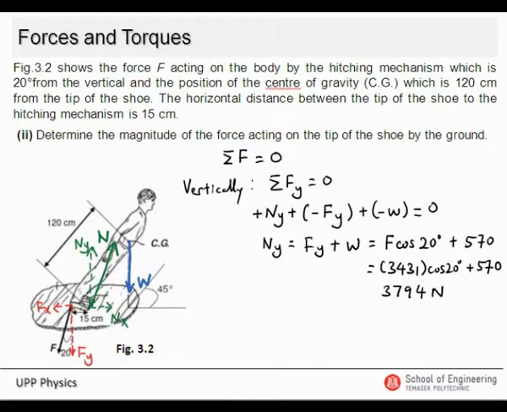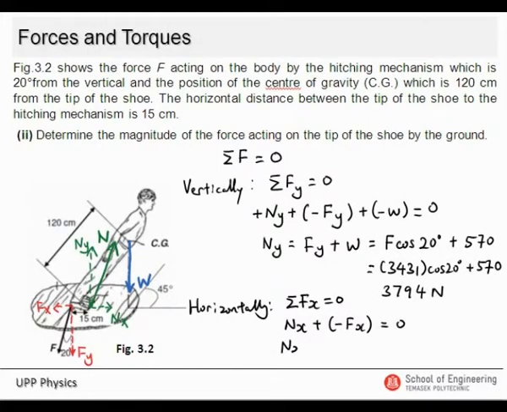And so horizontally, all the forces will also have to add up to be 0. Now there are only two horizontal components, which is Nx in the positive x direction plus Fx in the negative x direction. Both add up to be 0.